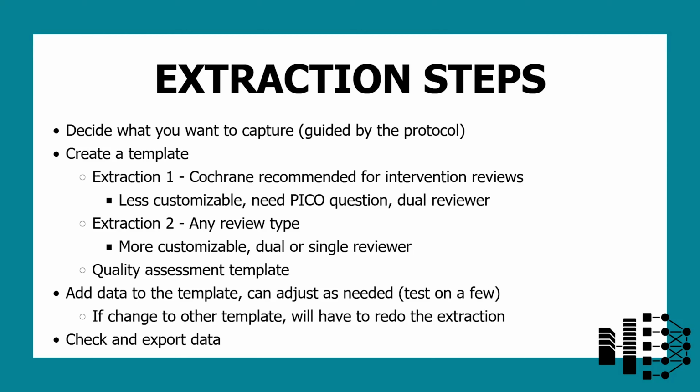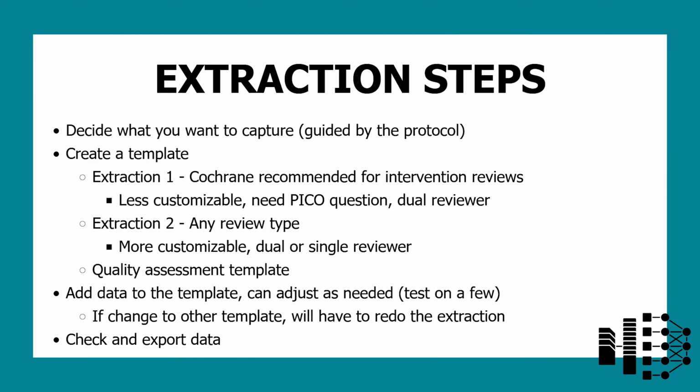It's more customizable, and you can choose to have either one person do the review or the data extraction, or you can choose to have 2. So it gives it a little more leeway. You can also create quality assessment templates. So if you're going to use a specific kind of quality assessment checklist, you can add that into Covidence and then automate it that way.